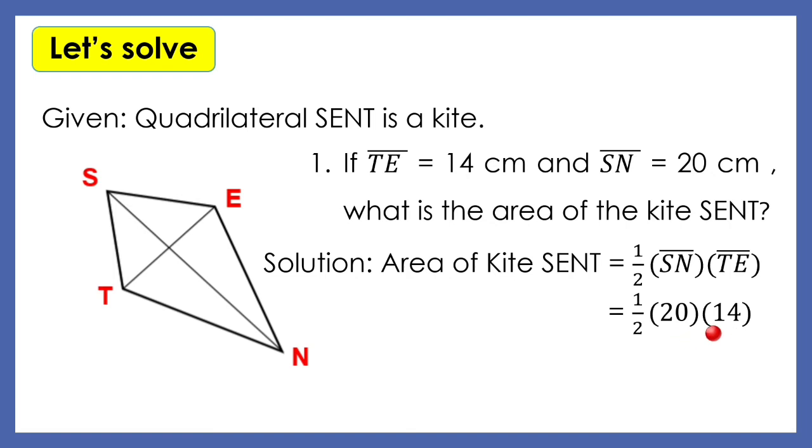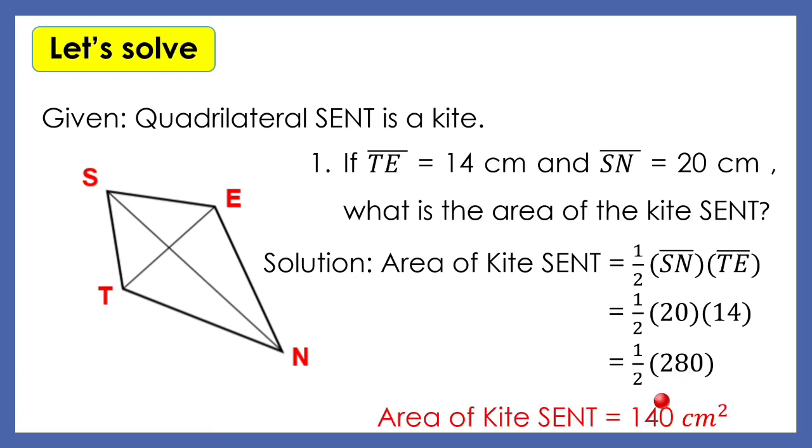Then, we multiply 20 and 14, that is equal to 280. And then, multiply natin yung 280 sa 1/2 or i-divide natin sa 2 yung 280, that is equal to 140. Therefore, ang area ng kite SENT is equal to 140 square centimeters.